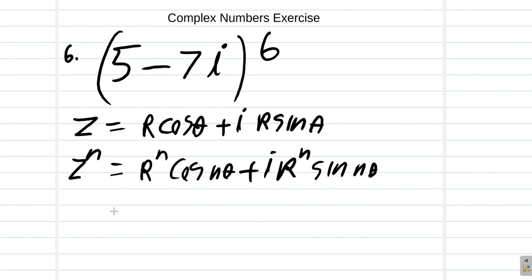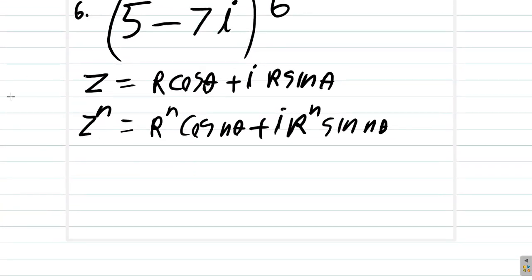Now, what it means is that we're going to have to convert this to polar form. So we do that. We have our x-axis and our y-axis, and we want to visualize a complex number.